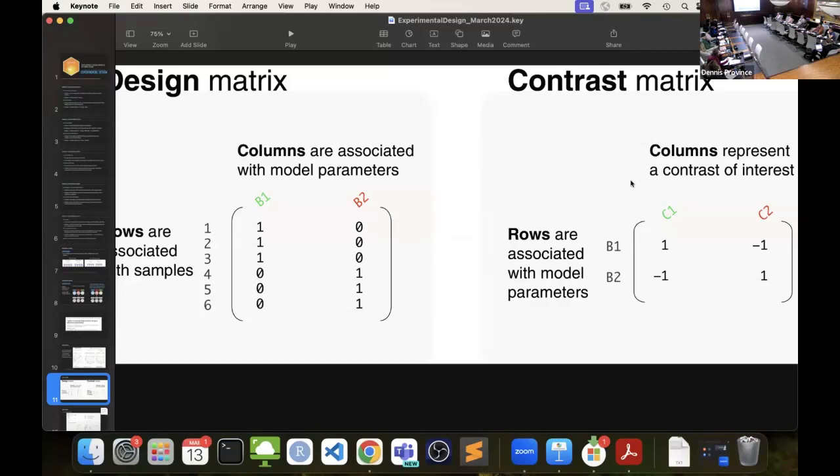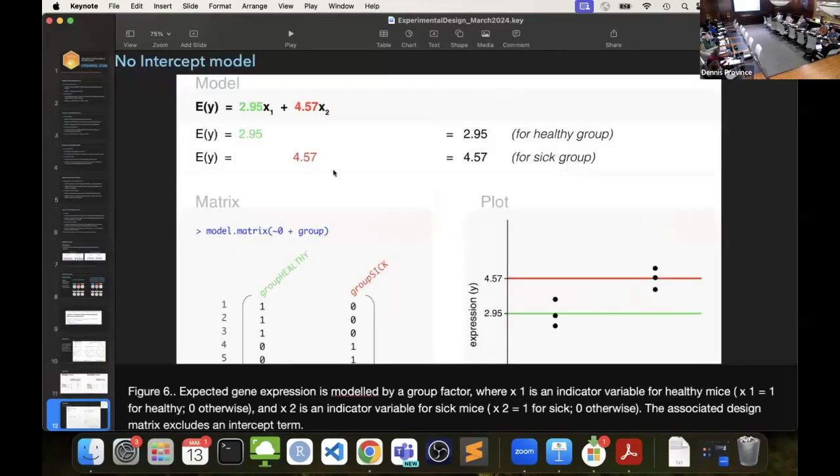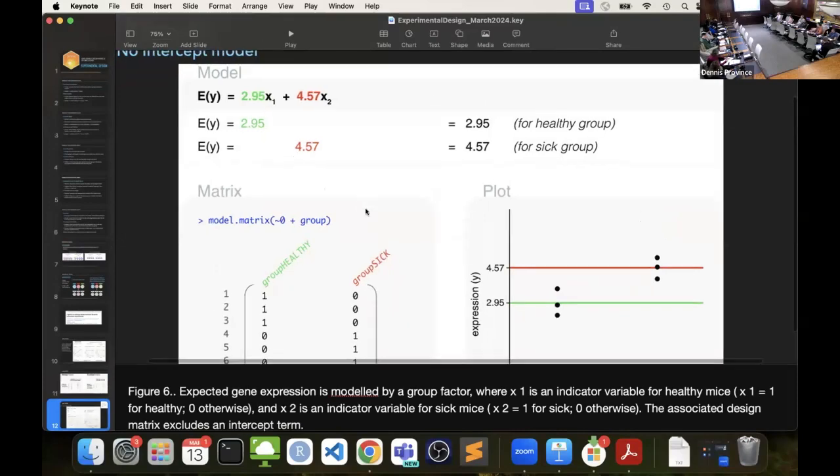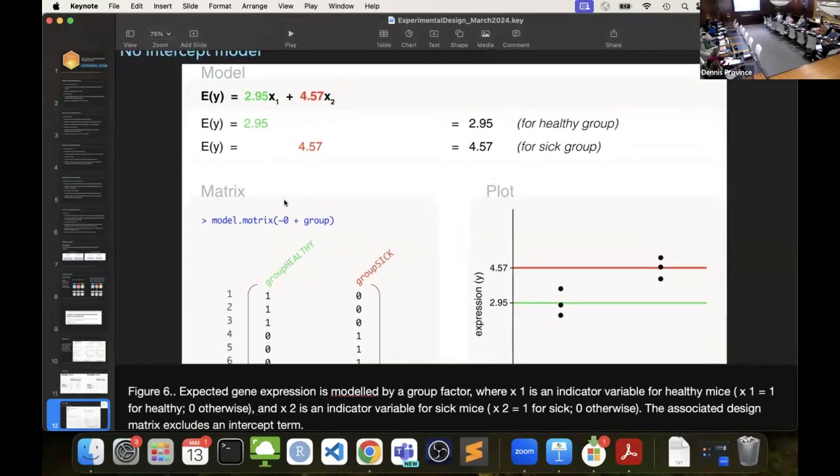The contrast is just the definition telling it what your groups are. You're defining what we're going to compare, control versus treated or whatever that is. It's the language of the statistical model. We have the design and the matrix. We're using a no intercept model, which means having a tilde 0 in front of the model matrix. This is the actual code, and this is really important if you use my R package tomorrow.